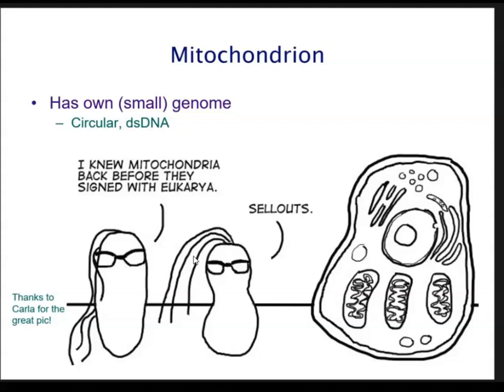And another is that the genes of the mitochondria are very similar to the genes of bacteria. It actually provides insight into the origin of mitochondria, because mitochondria have circular genomes, bacteria have circular genomes. Mitochondria have bacterial-like genes. Bacteria don't have introns. Mitochondria don't have introns.